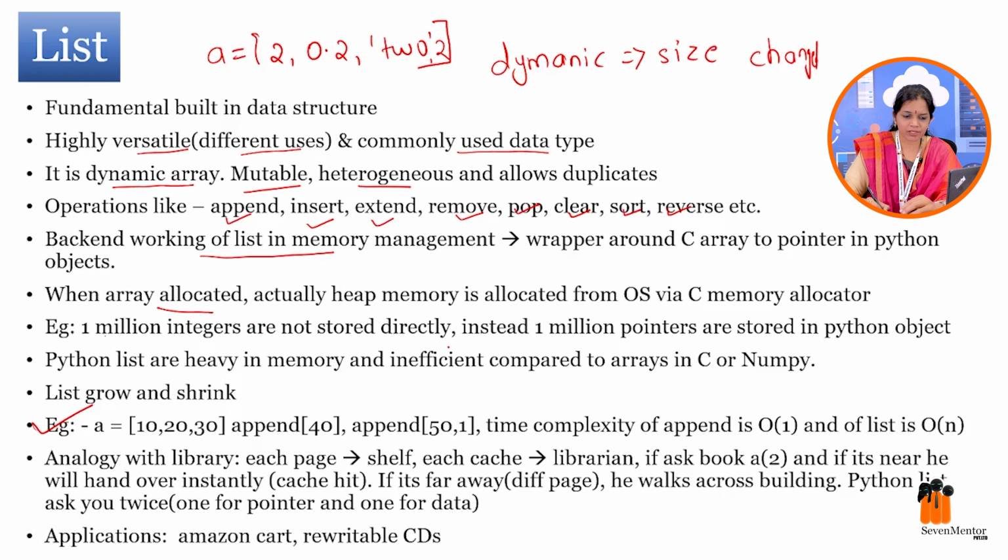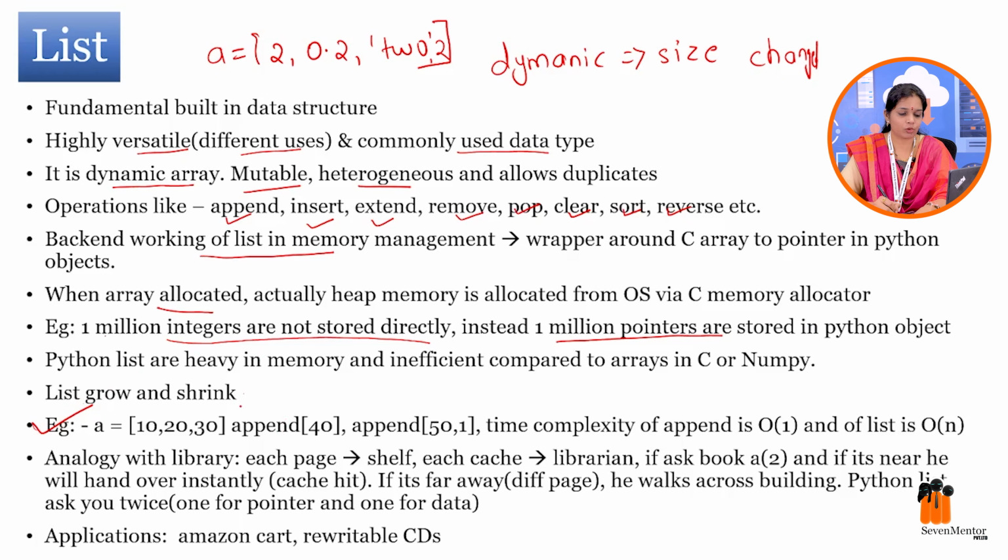So this is a small statement that 1 million integers are not stored directly. Instead, the pointers or the addresses are stored in the Python object. Python is an interpreted language, okay, so it always deals with objects. Yes, lists grow and shrink. We will be seeing this also in an example, very easy to understand.